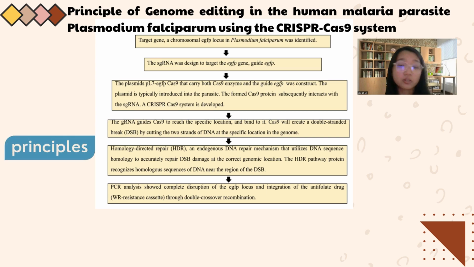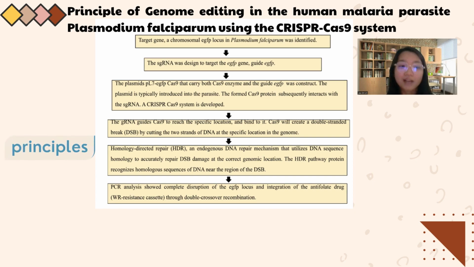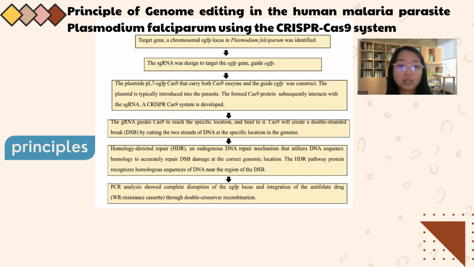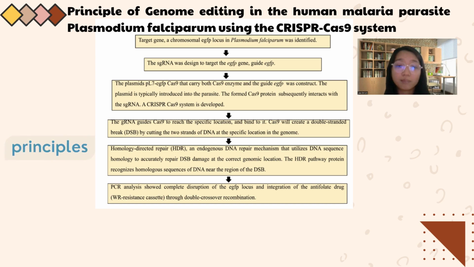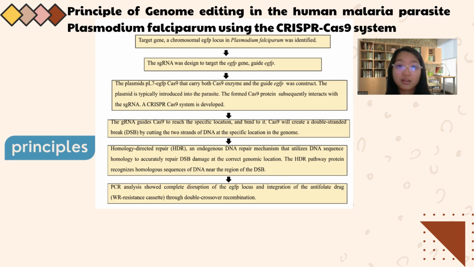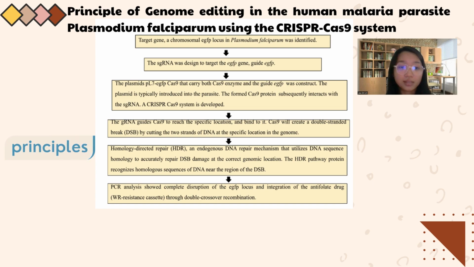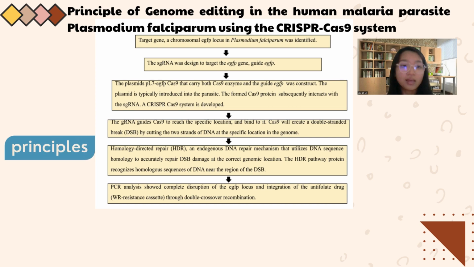After the activation of the CRISPR-Cas9 system, the guide RNA will guide the Cas9 protein to reach the specific location and bind to it. When the Cas9 protein binds to the specific location within the targeted gene, it will create a double-stranded break, known as DSB, by cutting the two strands of the DNA at the specific location of the genome.